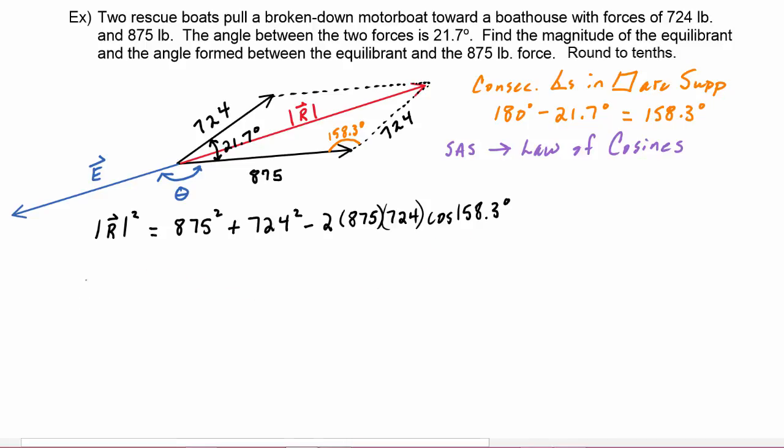So let's grab our calculators. We know that the magnitude of r will then be the square root.